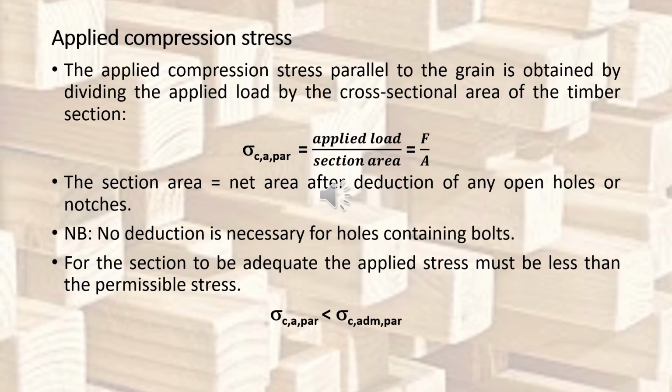It is also to be noted that no deduction is necessary for holes containing bolts. So you just do not take the holes for bolts into consideration when determining the net area.